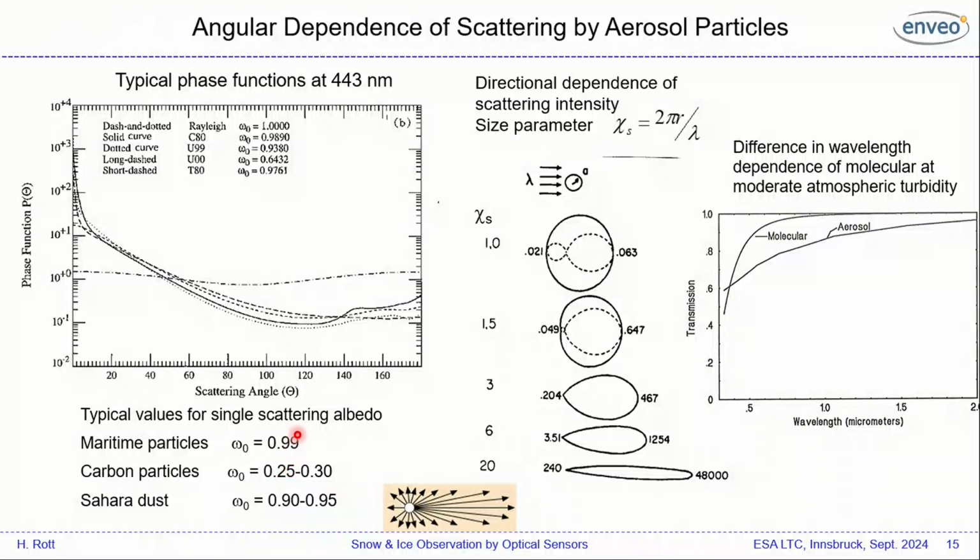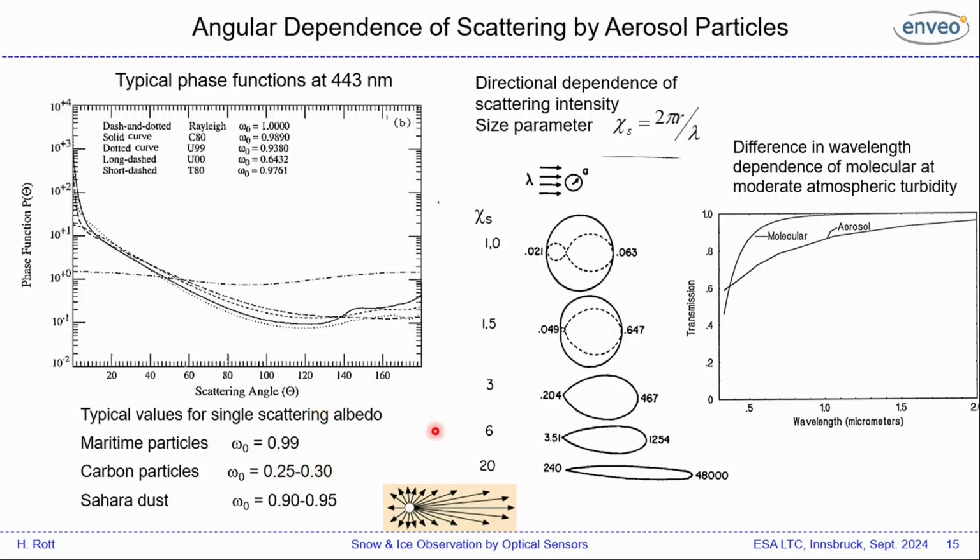Scattering phase function is the ratio of reflected over absorbed versus total scattering, and here we have very little absorption, and here with carbon particles we have very large absorption. So the scattering amounts to 25 to 30% of the total losses. And here the scattering amounts to 1% of the total losses, scattering losses.